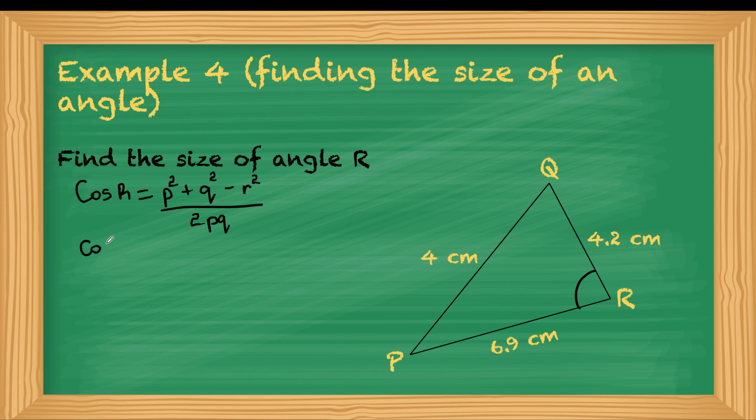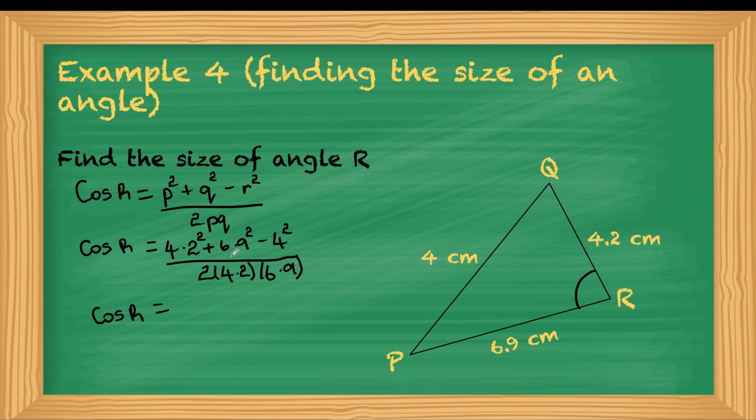So cos R, so remember we're still trying to find the angle, is equal to 4.2 squared for the length of P, plus Q, which is 6.9 squared, minus the length of R, which is 4 squared, all over 2 times 4.2 times 6.9. And we're simplifying. And we're writing back our cos R.